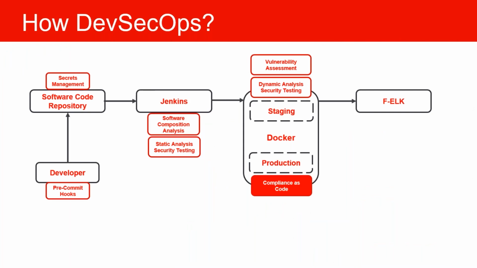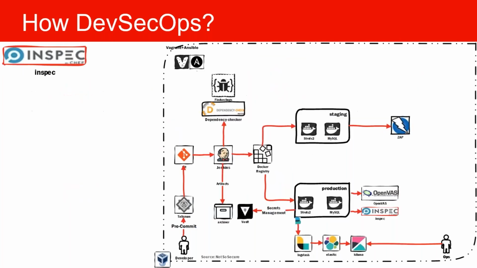Once the application is live in production, what we want to check is whether the application is meeting our compliance standards. A lot of regulatory compliance standards like HIPAA, PCI DSS, etc., require that the application should not be running with root privileges. A lot of developers create Docker images, and those Docker images are by default executed with root privileges, and that basically runs your application with root privileges as well.